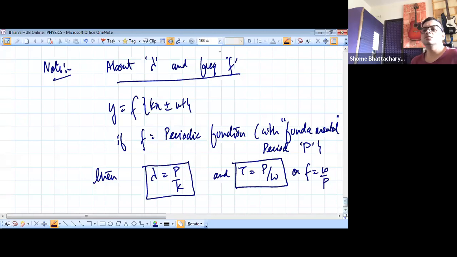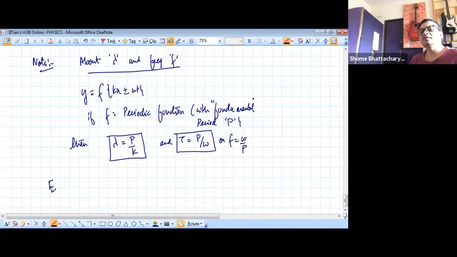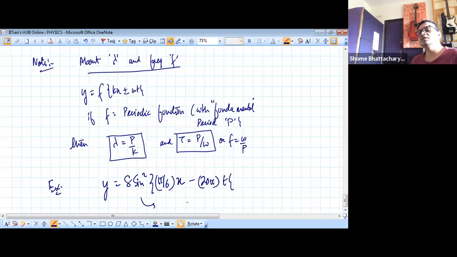So before you note this down, let's observe this with an example. So for example, if we had the function y equal to 8 sine square (pi by 6 x minus 20 pi t). Now this function is which one? This function is sine square theta type of function.